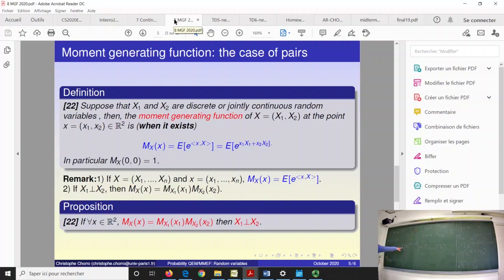And if I want to obtain this one, I have to take u equal to 1. That's why I have this. So what you see here is that the moment generating function of a pair is related to the value at 1 of the moment generating function of any linear combination of the components of the vector. Any linear combination.